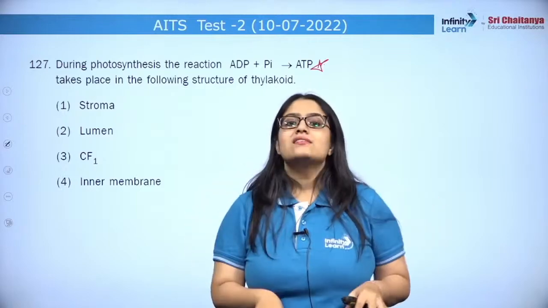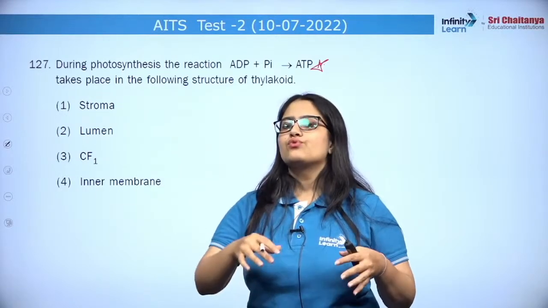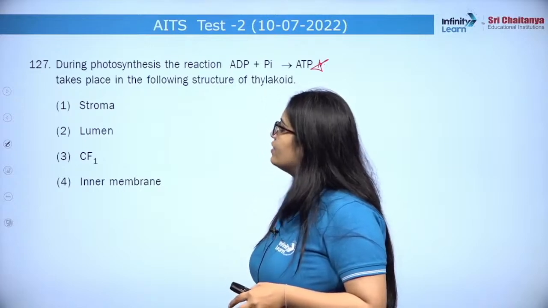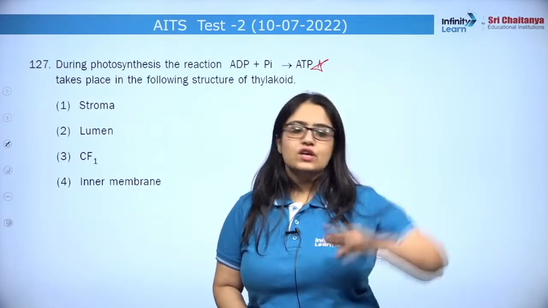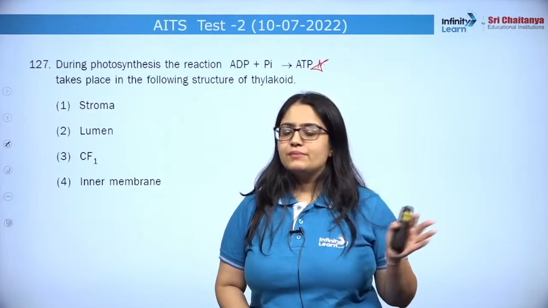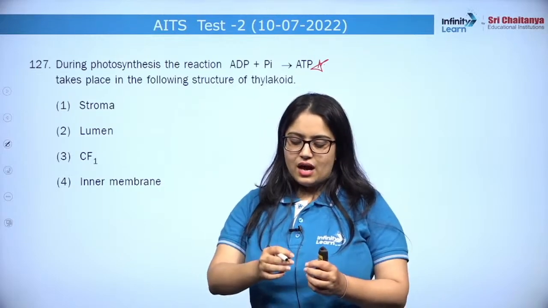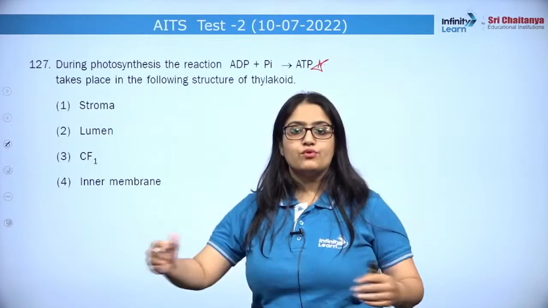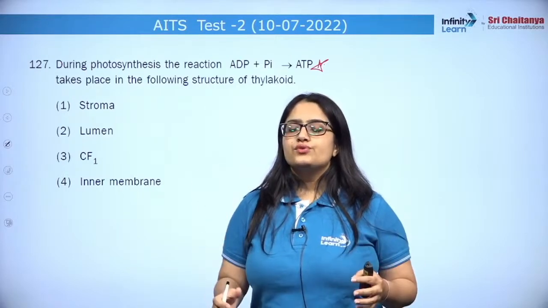CF0 is present inside the thylakoid membrane and CF1 is protruding towards the stroma side. CF0 acts as a transmembrane channel, it helps to break the proton gradient. So when the H+ ions come out from the lumen and go back to the stroma, there is breaking of the proton gradient, there is release of energy, and this energy is utilized to produce bonds, right.